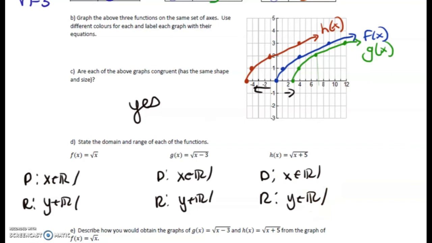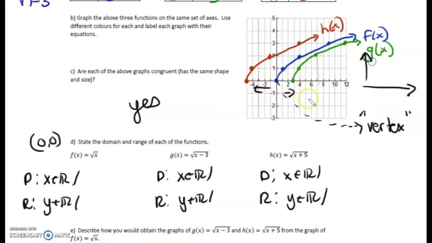Okay, so for these ones, what we want to do is go to where the vertex, the fake vertex on the side, would be. Okay, so for the first one, the vertex is at 0, 0. And we know that all three of these open to the right and go up forever. So simply, x is going to be greater than or equal to 0. Y is going to be greater than or equal to 0 as well.